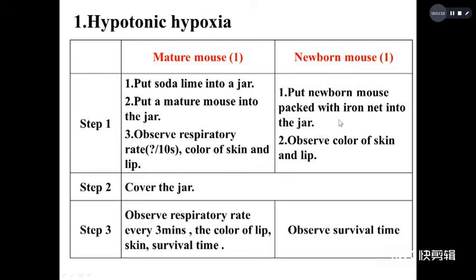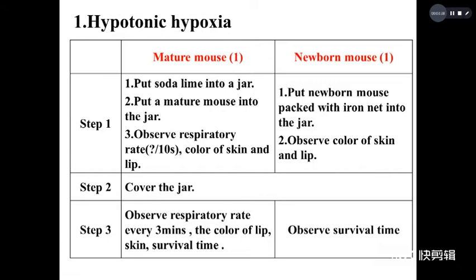The next, put newborn mouse packed with air net into the jar. Observe the color of skin and the lip. The next, cover the jar. So the animals' inspired oxygen will decrease.